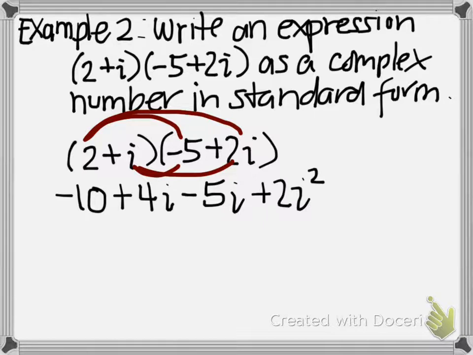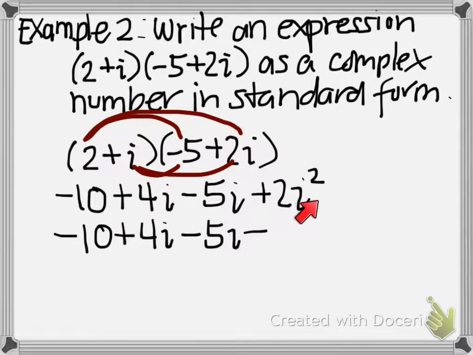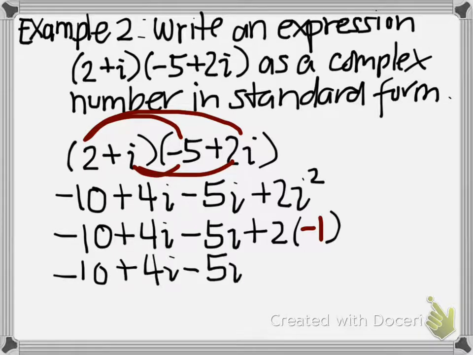Then we're going to take i times negative 5, which is negative 5i, and then i times 2i, which is 2i squared. But with this one, we have to understand that we never can actually have any power or a degree higher than 1. So this one actually has i squared, so this one can be simplified to 2 times negative 1. So if we go ahead and simplify everything, we get negative 10 plus 4i minus 5i minus 2.